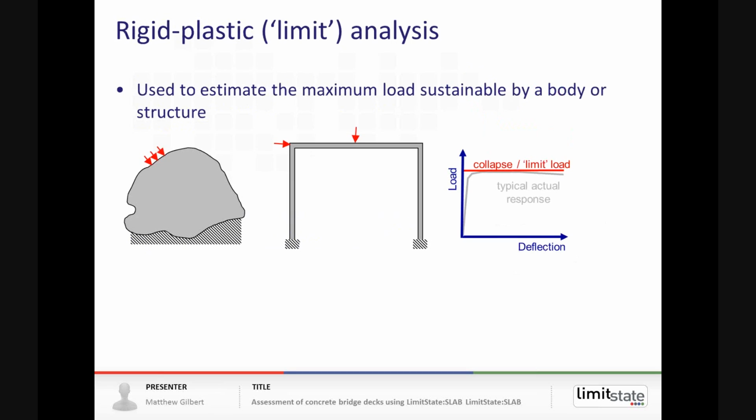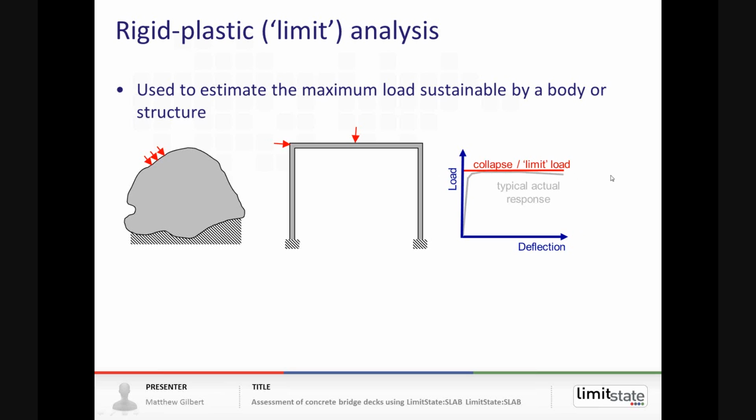What do I mean by rigid plastic analysis? Well, if we consider a body or structure, what we're typically doing is neglecting initial elastic strains, and the most important thing from a collapse perspective is the plateau, and so we assume no deformation prior to collapse, and then perfect plasticity at collapse.